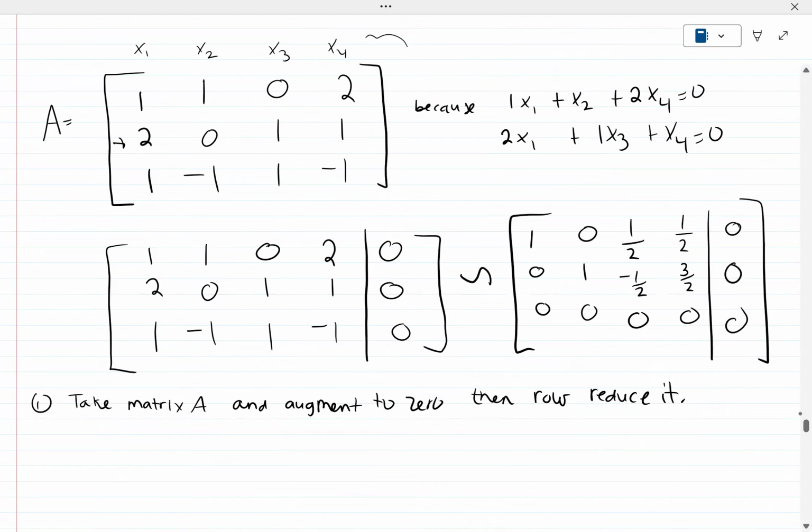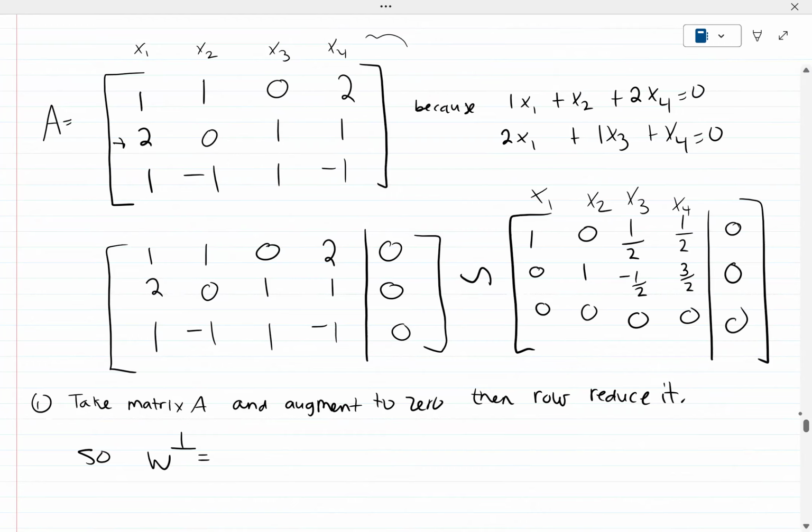So the question says, what was the vector w raised to the perp? So w raised to the perp is equal to, basically when you do this, this is x1, x2, x3, x4.